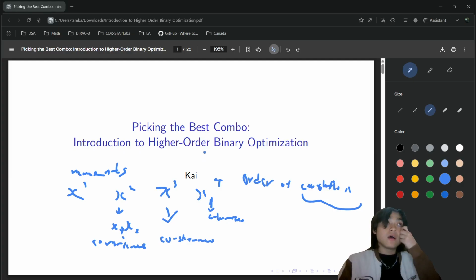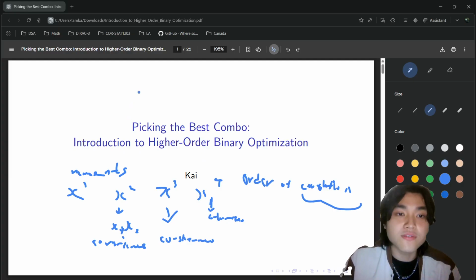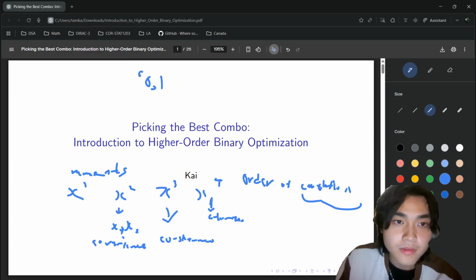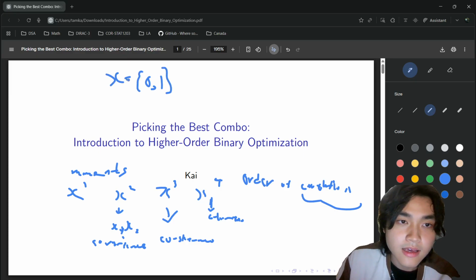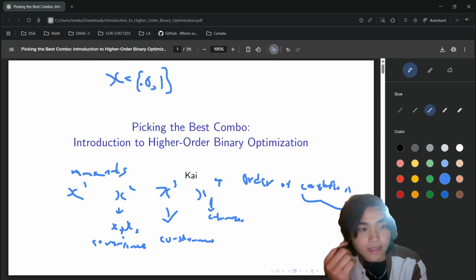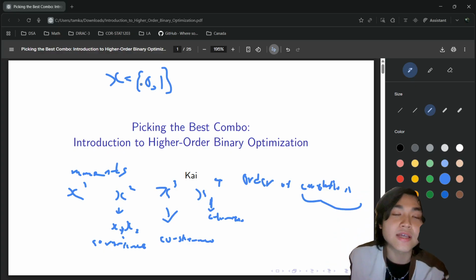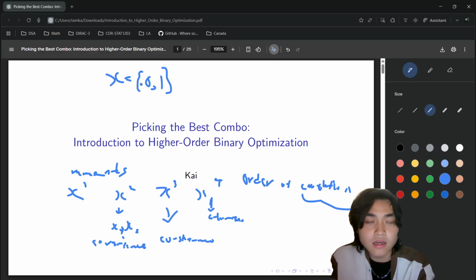For binary, you can think of it as 0 or 1, right? Say x can be 0 or 1. In the business sense, you can think of 0 as not making a decision and 1 as making a decision.